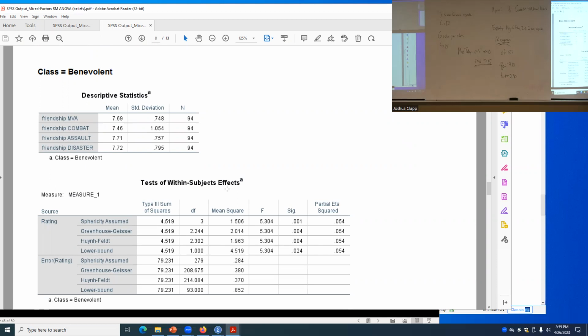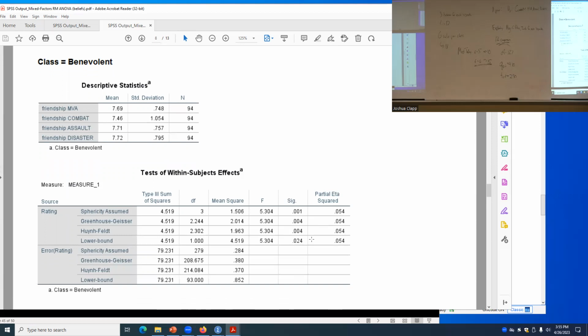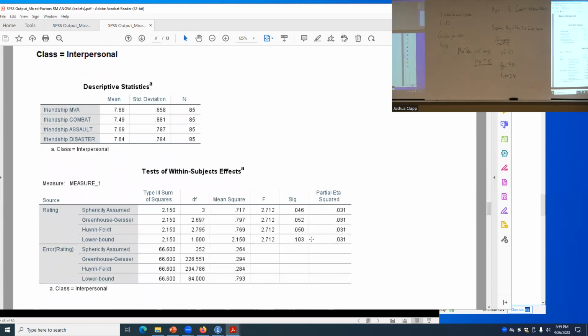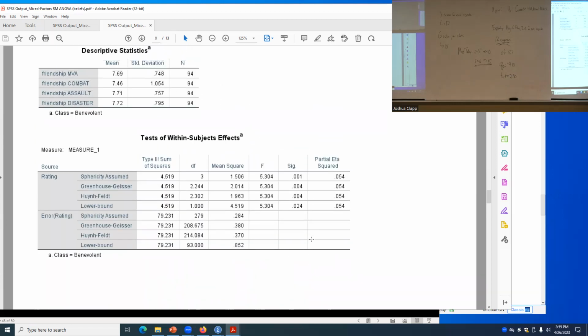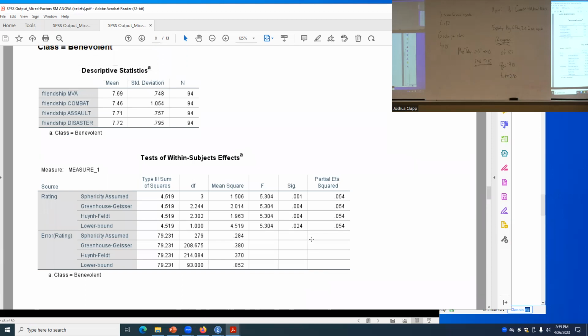I'm just running this so I can get the information that I need to run my contrasts, right? But I am seeing that, yes, for my negative group, I am seeing differences. But this table is going to give me the information that I need to actually run the contrast that I want to run here.